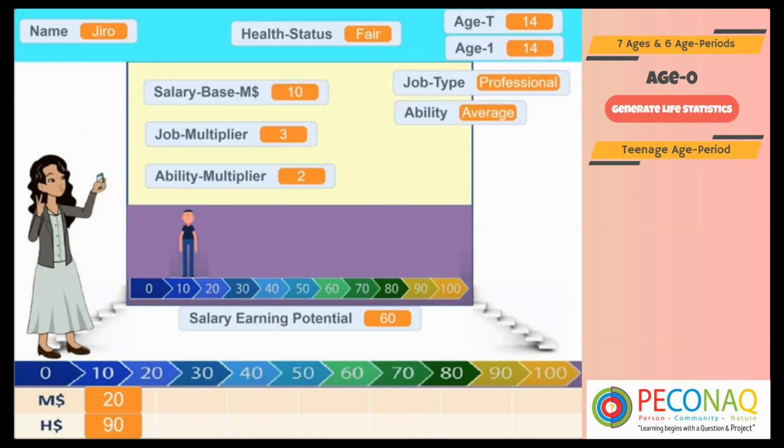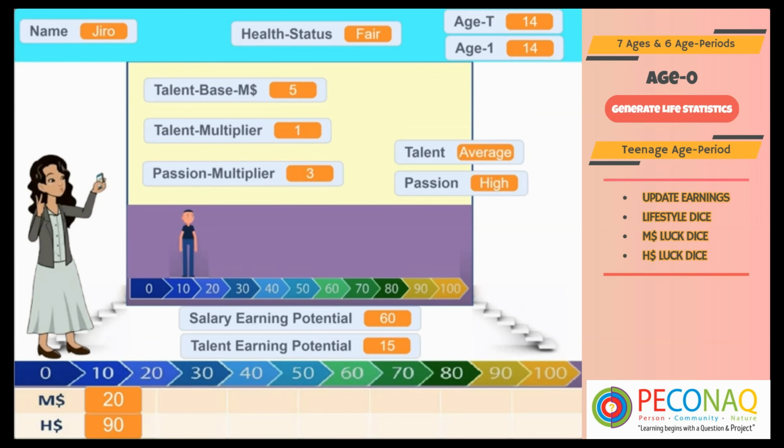Thank you, Joanna, for welcoming me to the world. I can see that my health status at birth is fair. I can also see that for my assigned career job type and ability level, my salary earning potential is 60 points. I can also see that based on my assigned talent and passion level, my talent earning potential is 15 points.